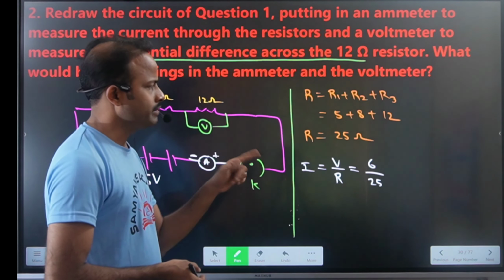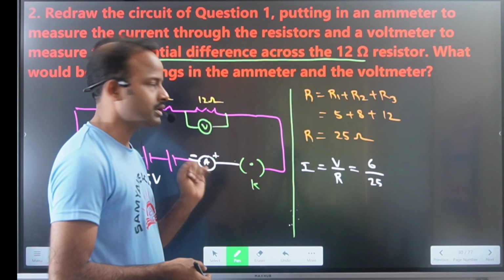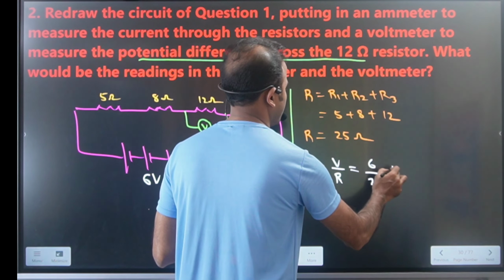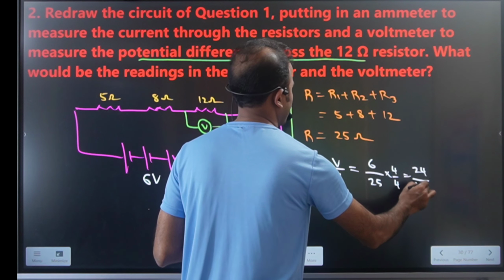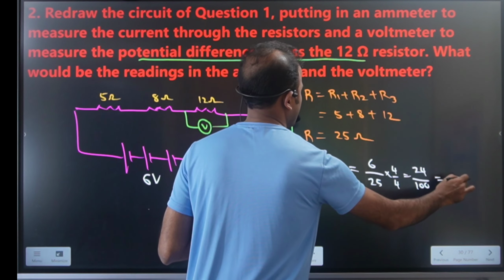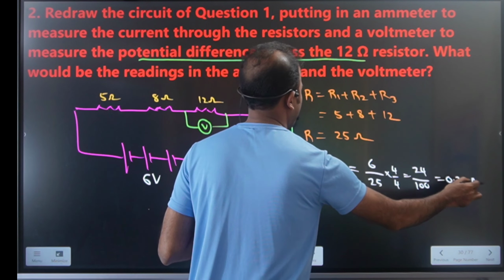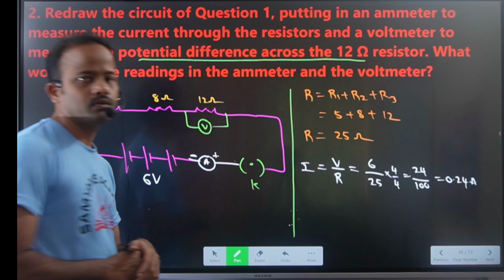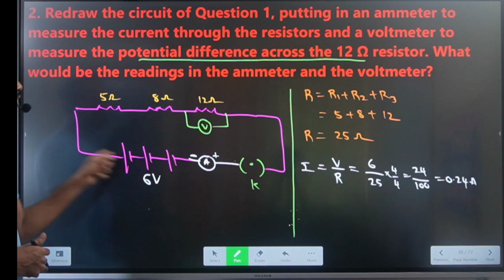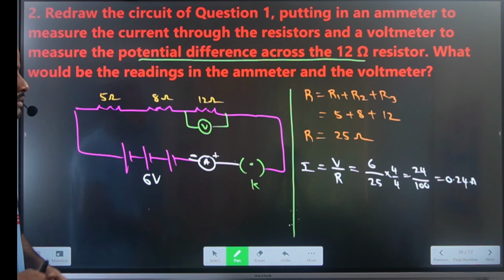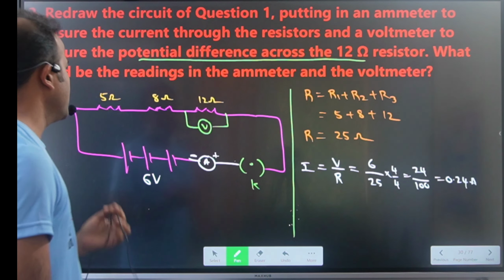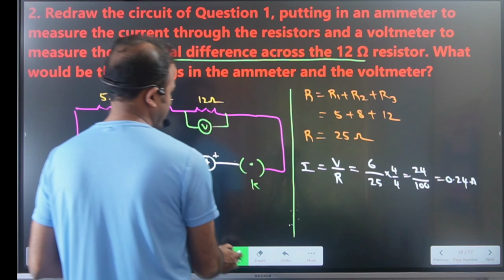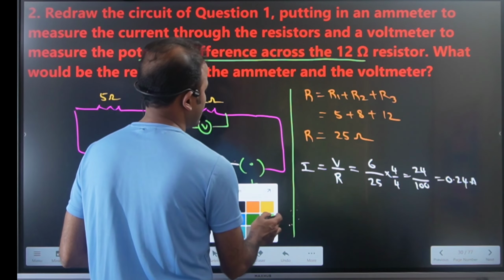Make the denominator 100 by multiplying by 4: 6 times 4 is 24 by 100. The current is 0.24 ampere. 0.24 ampere of current is flowing in this circuit. Then you have to calculate voltage across the 12 ohm resistor.